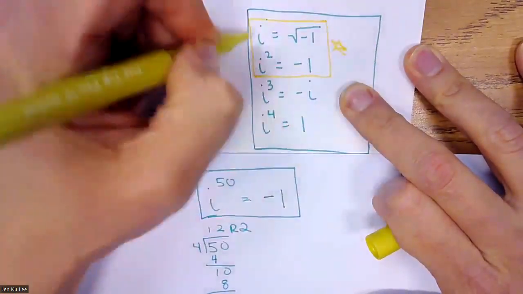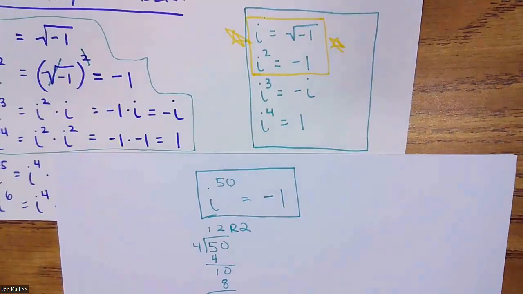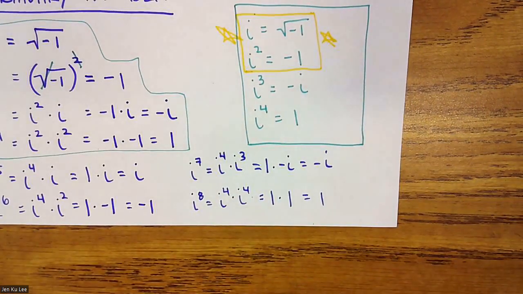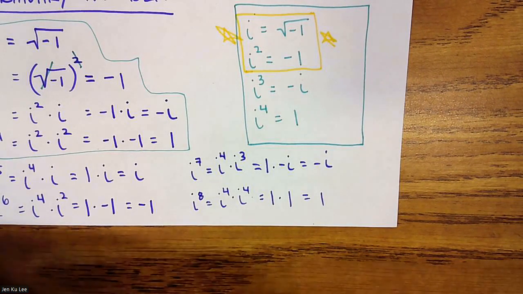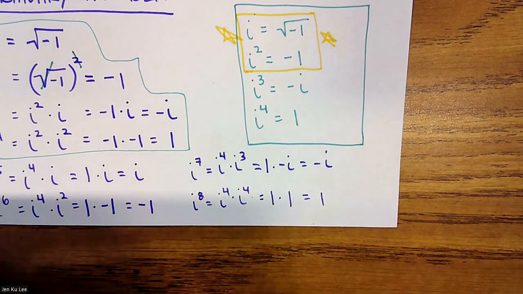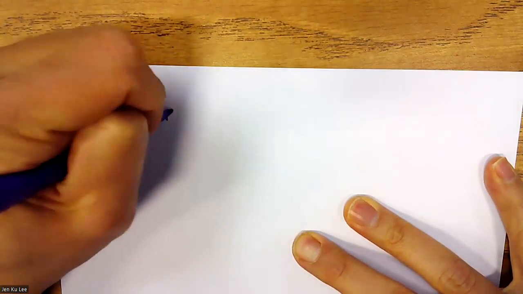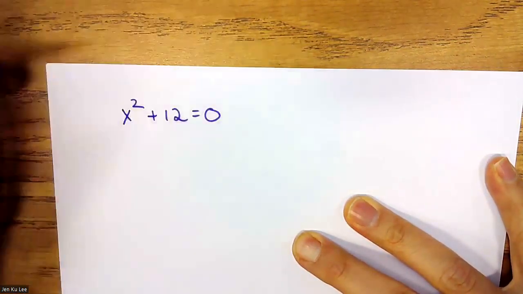These two guys are going to be what we're going to use to solve quadratic equations. All right? So let's just run through some examples. The first example that I have for you is x squared plus 12 equals 0.